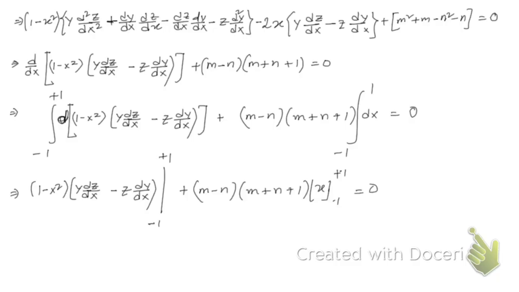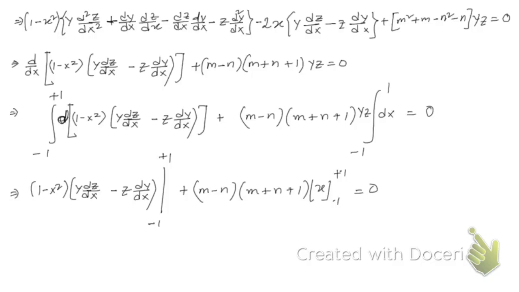I think I have forgotten to put the yz here. We should have yz, sorry, y into z. So here also we're gonna have yz. Let me write this one here, yz.